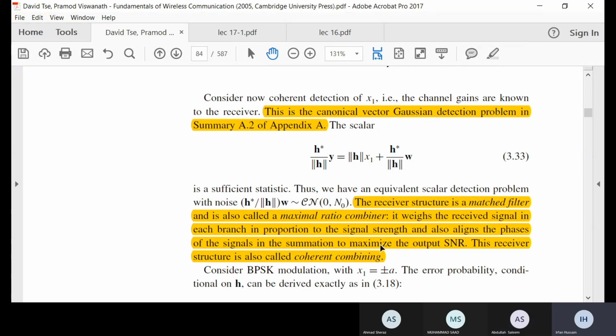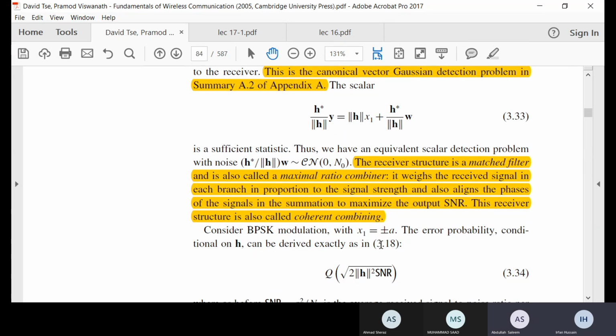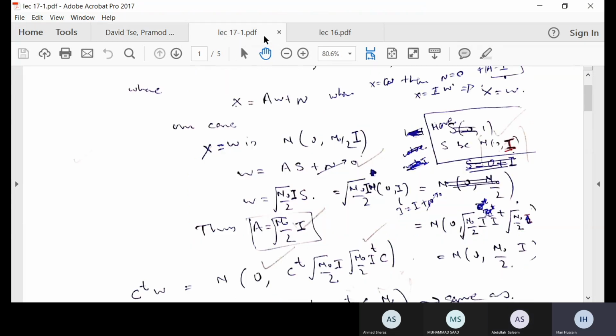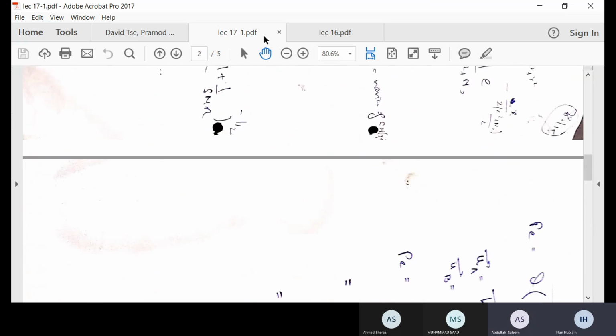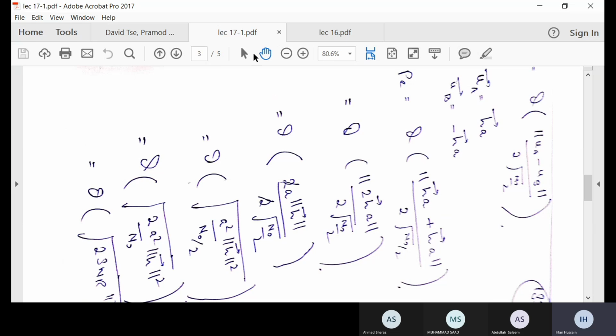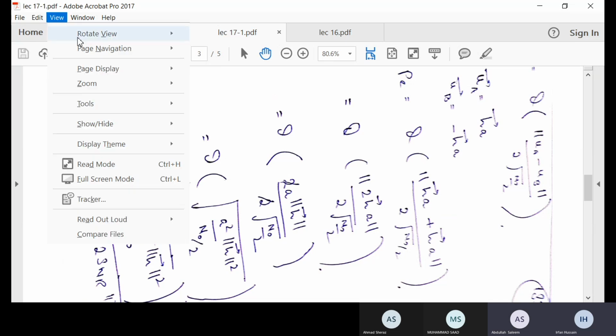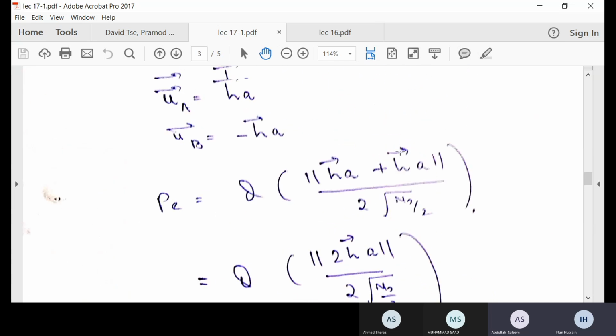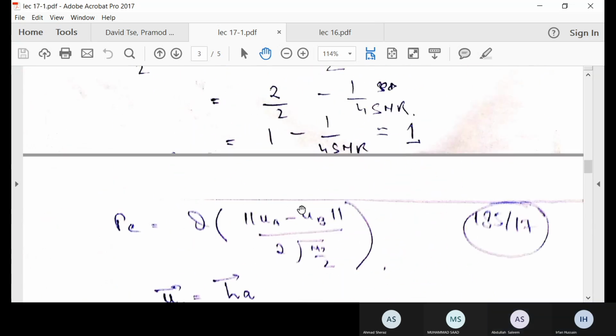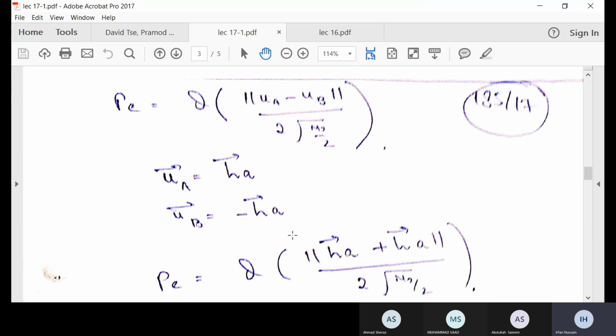Okay. So now we assume that my x1 is BPSK, it could be plus 1 and minus 1. So what will be the probability of error? Now we have seen in the last lecture that the probability of error comes out to be this thing, where previously it was just UA minus UB mod, because UA and UB were just scalars.